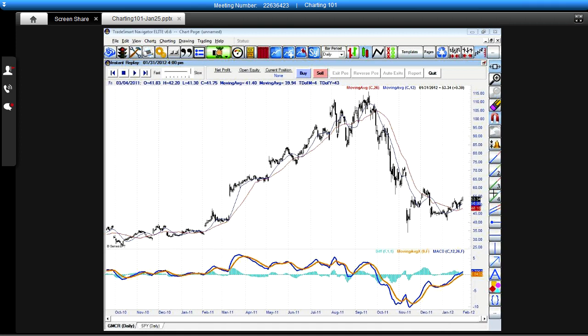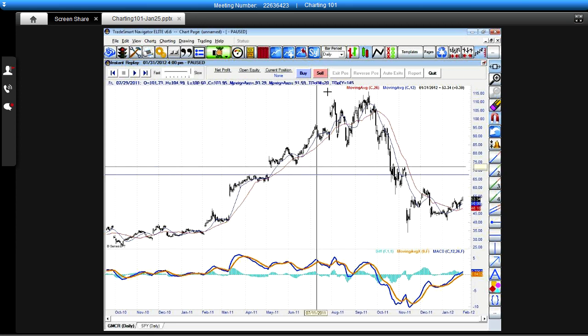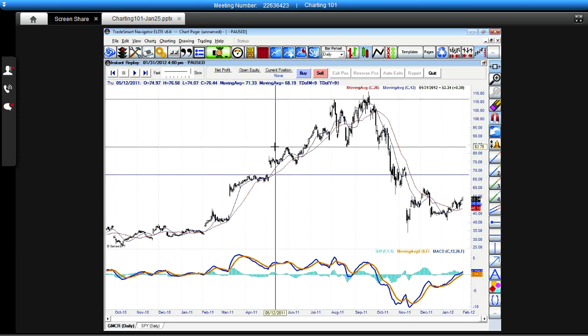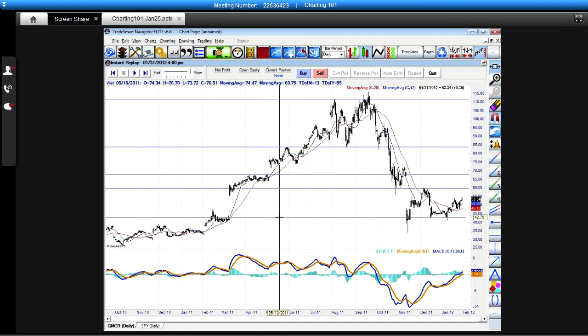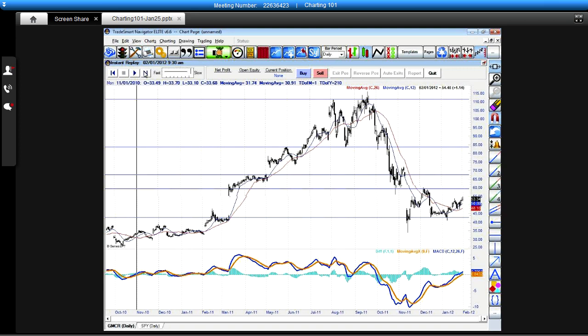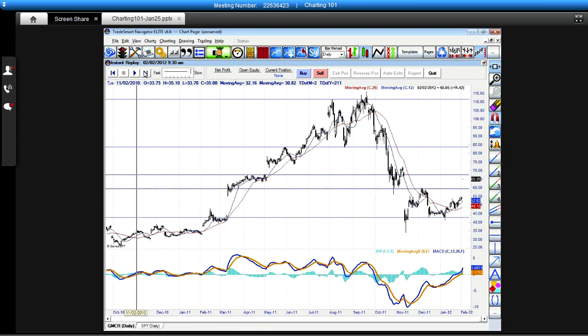I can go in and mark my support and resistance zones, anything that I think is a support and resistance zone, and then I can hit play and just keep going forward.